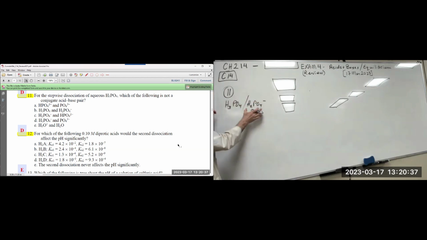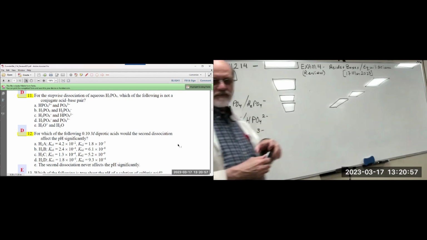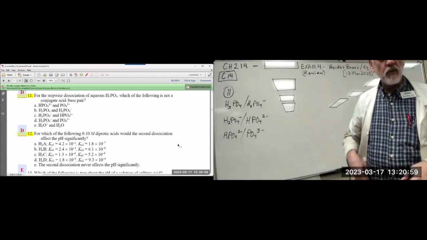And then the next dissociation will take this one and strip off another hydrogen and leave us with HPO4 2 minus. And then we'll take this one, 2 minus, strip off another hydrogen and leave us with PO4 3 minus. So those are the pairs that would work.